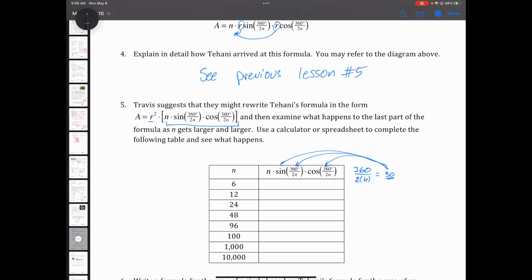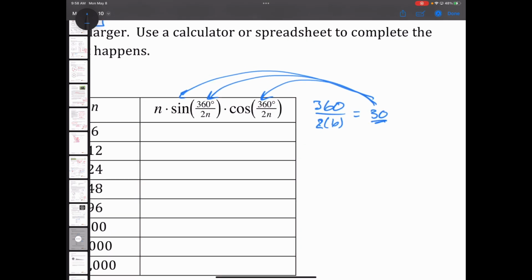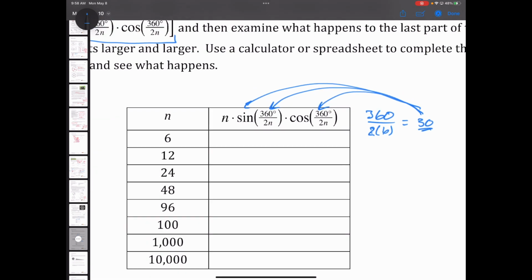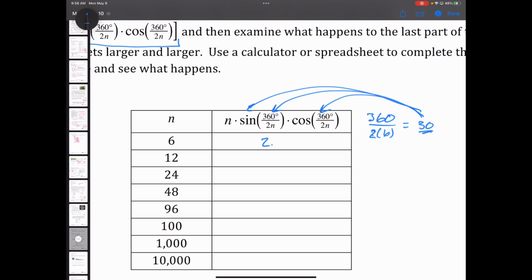Okay. So this first one then should be 6 times the sine of 30, close your parentheses, times the cosine of 30. And what do you get? I did 2.59.